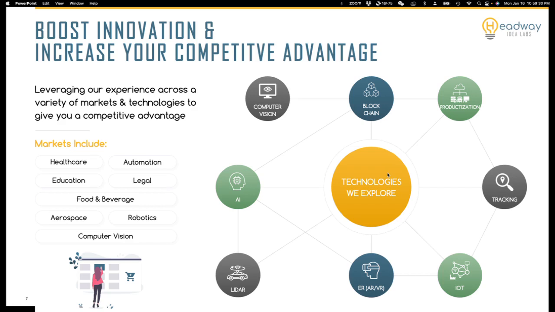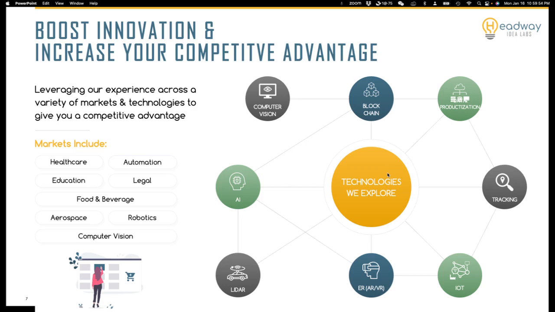So these disruptive technologies, don't just throw them in, but consider how you would leverage them to address a customer need, which is very, very important first. Secondary, how you can have a competitive advantage by using disruptive technology.